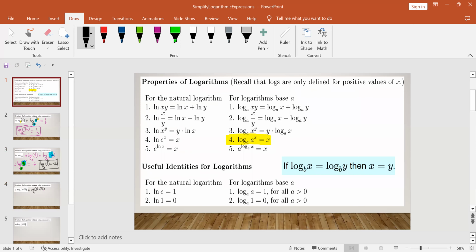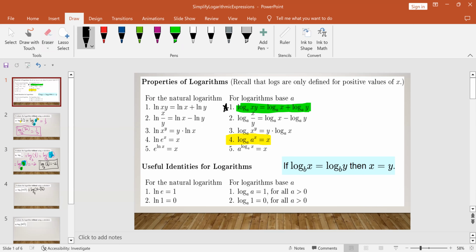There is a property we call the product property. So this property here, we'll highlight. A log of a product will return to two logs before the addition sign.